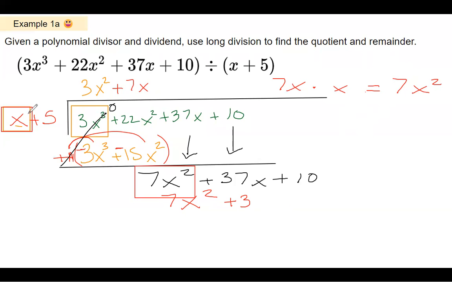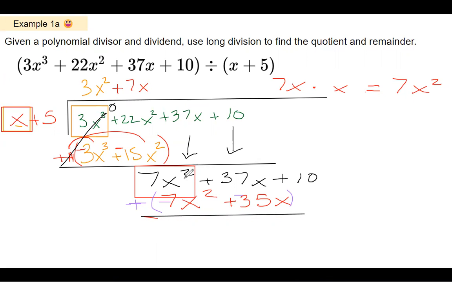Now, 7x times 5 is 35x. Okay. Now, remember we have parentheses, guys? And it's negative, so we make sure that we change the signs now. Woohoo. So distribute that beautiful -1. Okay. Let me write.